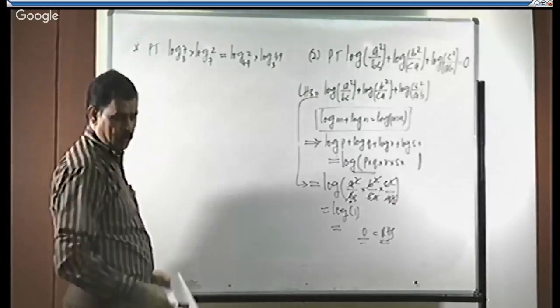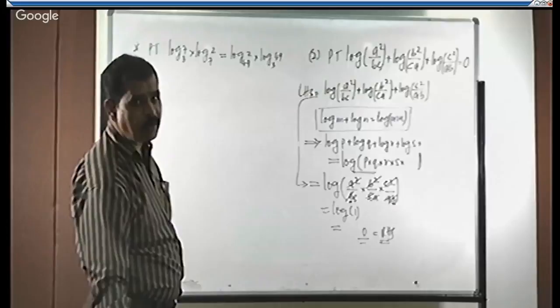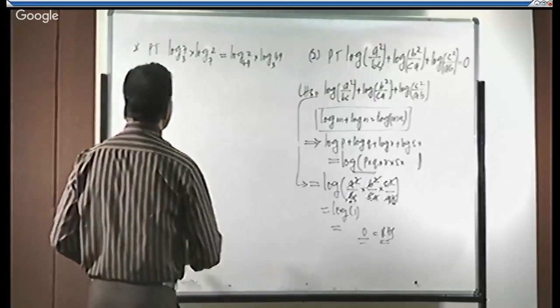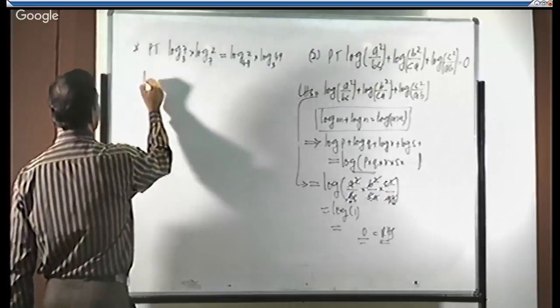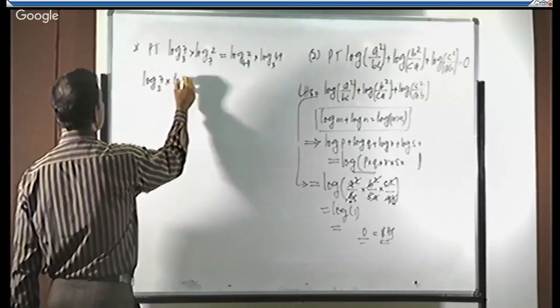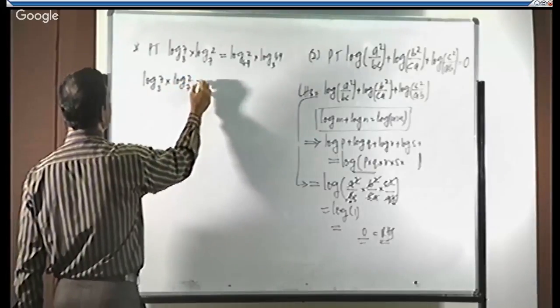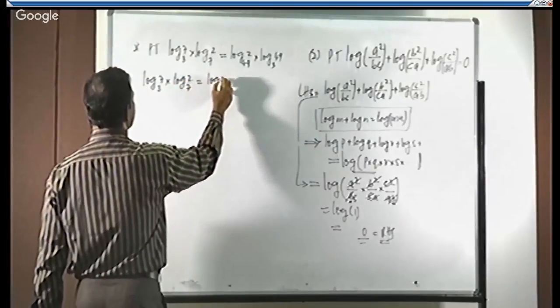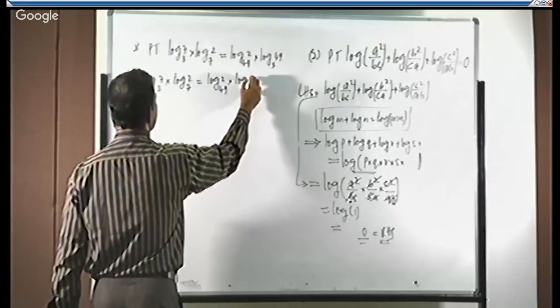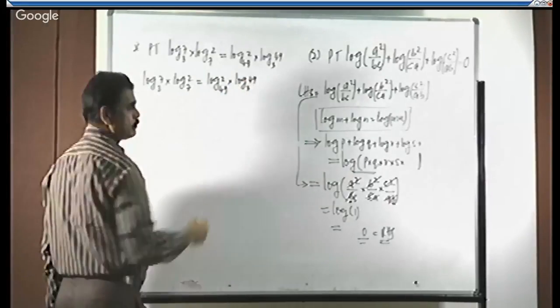We should prove that the left hand side is equal to the right hand side. Take the given problem. What is the given problem? It is log of 7 to the base 3 into log of 2 to the base 7 is equal to log of 2 to the base 49 into log of 49 to the base 3.